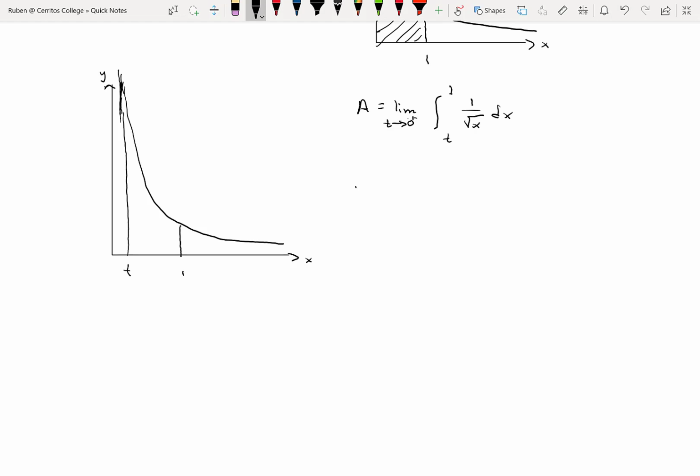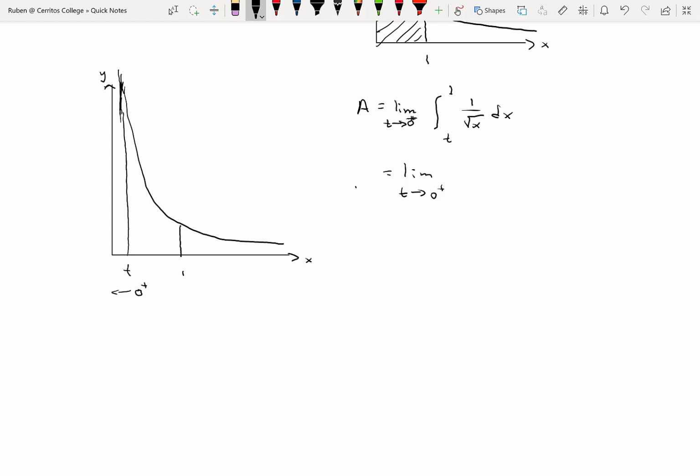So literally what we did is push the left limit forward to the right a little bit, and then take the limit of the area formed with those new limits of integration as t approaches 0 from the right. Let's evaluate this limit, if it exists. This is the limit as t approaches 0 from the right-hand side. The only way t can approach 0 is from the right-hand side.